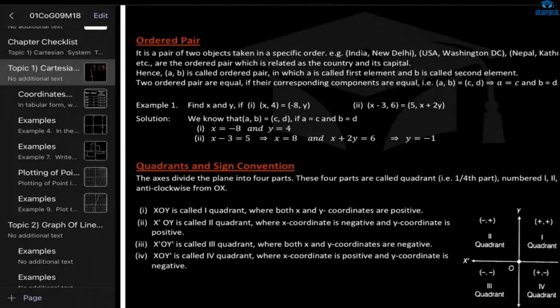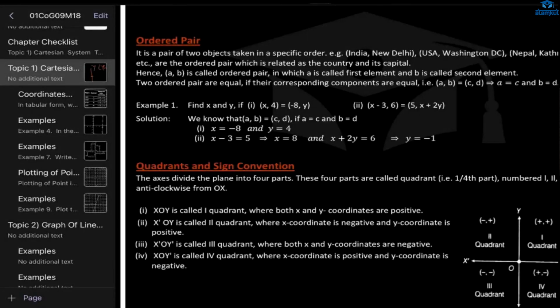No, I didn't get it, ma'am. You still didn't get it? No. Can you tell me the answer of this question? Example number 1, Shazan, first one: (x, 4) = (-8, y). On the left hand side, what is the value of x? Minus 8. Yeah, see. On the right hand side the y value is given as 4, and x value is represented as x here only.